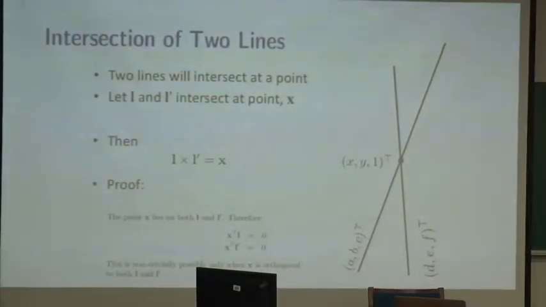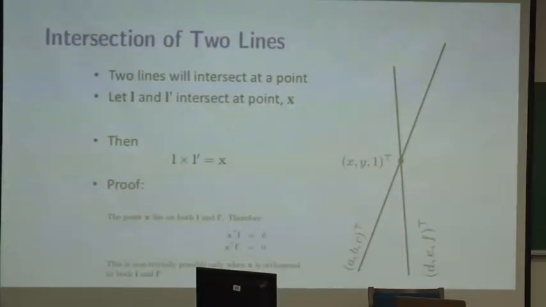Therefore, since x lies on L, then x transpose L must be 0. That's the equation of the line. And since x also lies on L prime, then x transpose L prime should be 0. Both of these dot products being 0 is non-trivially possible. I mean, there is a trivial solution, x equal to 0, but that's not what we are interested in.